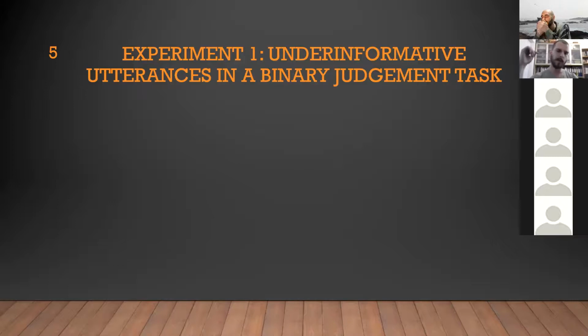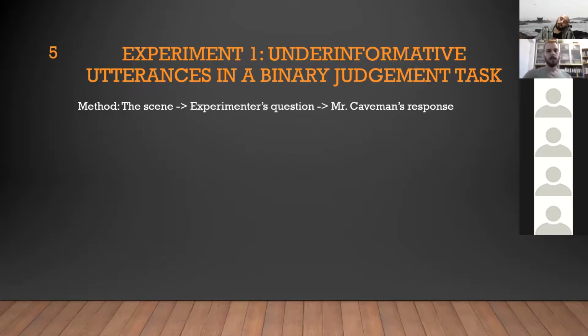So therefore I will come to the first experiment of Katsos and Bishop. And the method was this. They showed a scene to the participants, and there's always an experimenter who was explaining the scene. Then the experimenter asks a question to a figure which was called Mr. Caveman. And the experimenter always tells that Mr. Caveman wanted to learn perfect English, so he wants to get help from the participants on whether what he was saying was right or wrong.